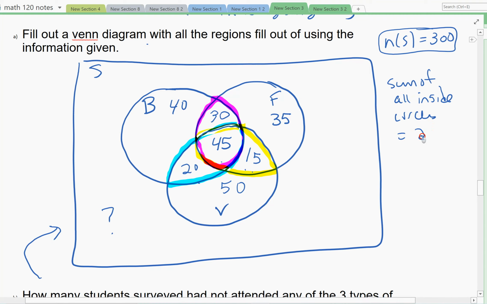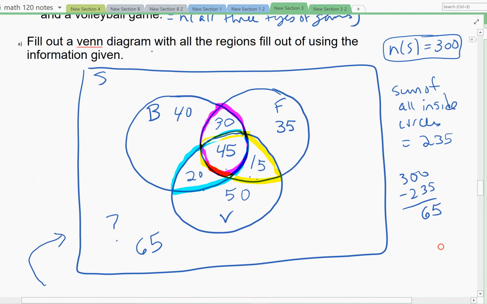It adds up to 235 students who went to one or more of the games. So you take your 300, subtract away the 235, and that gives me 65. So 65 students surveyed said they did not attend any of those types of games.